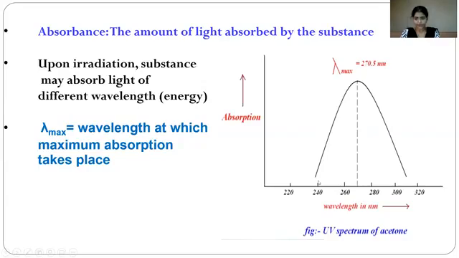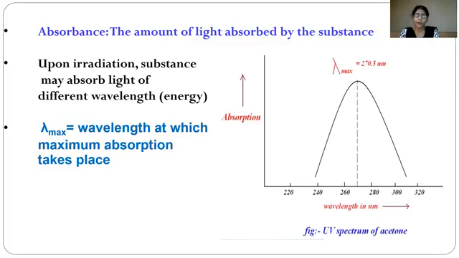You can see in the graph, this is a particular UV graph. The molecule can absorb light from approximately 238 nanometer to 310 nanometer. That means this range of wavelength of light can be absorbed by the molecule.